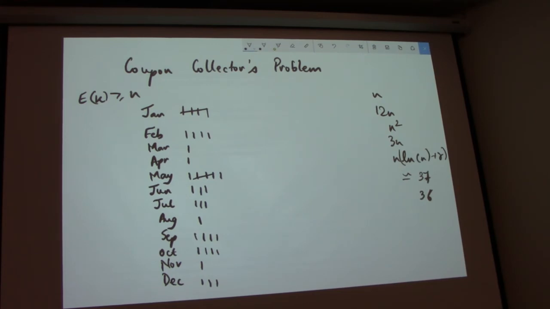Is n log n the expected value formula specifically for the coupon collector's problem, or is it a general formula? It's general. If there are n different values that my variable can take, or that a function can take, and I'm calling this function randomly several times, how many times am I expected to call this before I get all the different values possible?